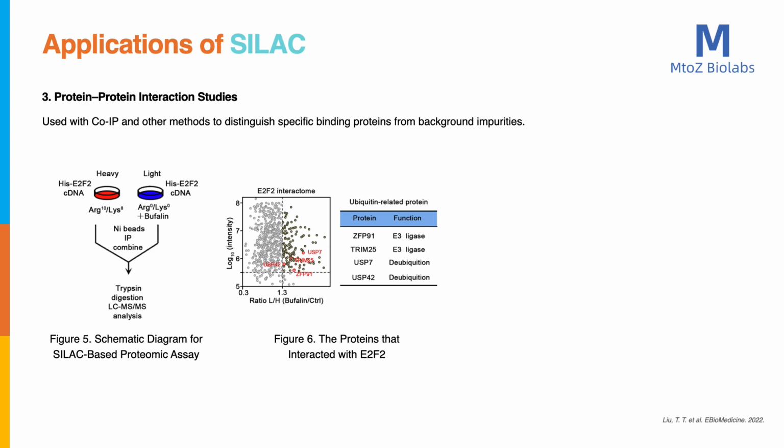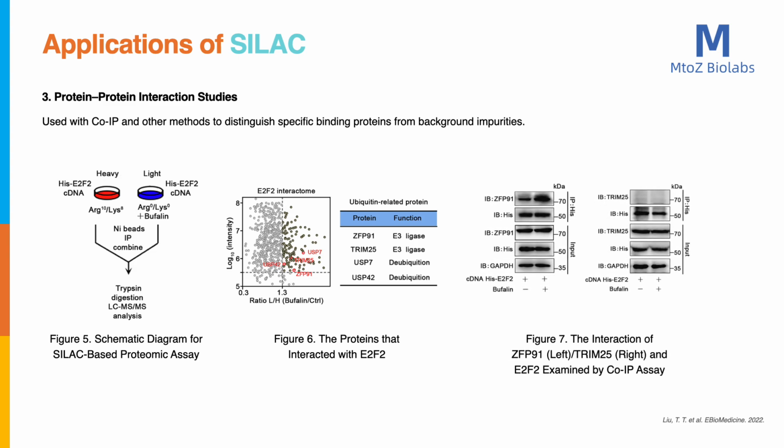A total of 706 interacting proteins were identified, with 4 of them related to the ubiquitin proteasome pathway. Further focus was placed on 2 candidate E3 ligases, ZFP91 and TRIM25. Co-IP experiments revealed that the nuclear interaction between E2F2 and ZFP91 was significantly stronger than with TRIM25. siRNA-mediated silencing of ZFP91 notably reduced the ubiquitination level of E2F2 and inhibited its degradation.